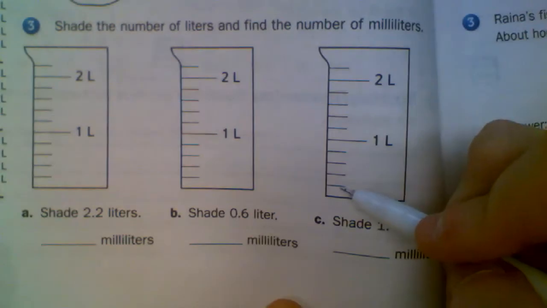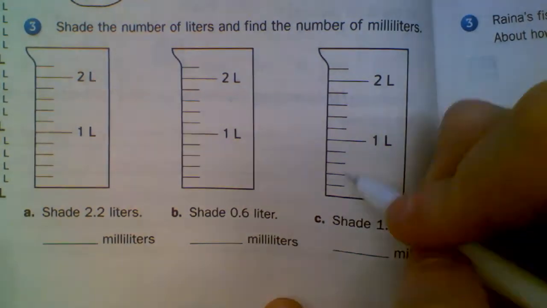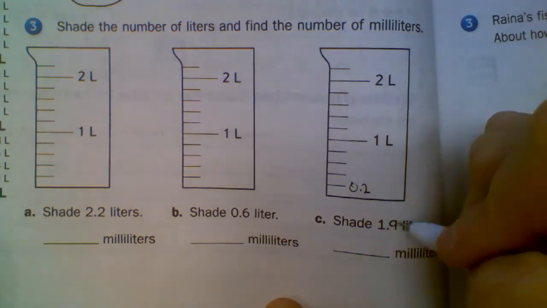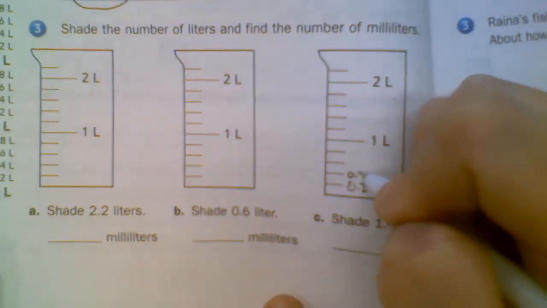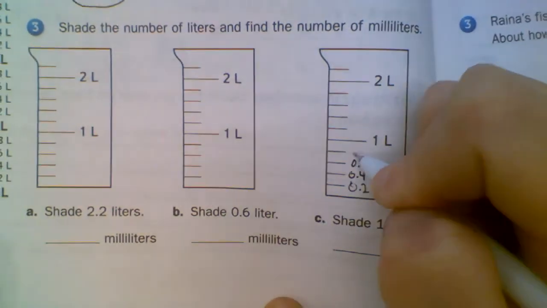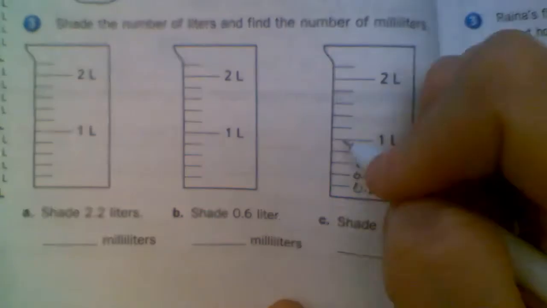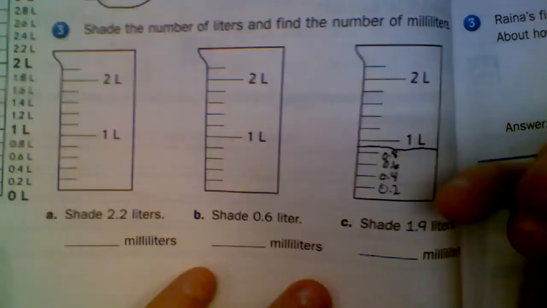So again, let's count. 1, 2, 3, 4, 5. So they're doing these as 2/10 of a liter. So 1.9 would be between, and then 10 is the liter. So 1.9 would be right in the middle, and this is the part that we would shade here and down.